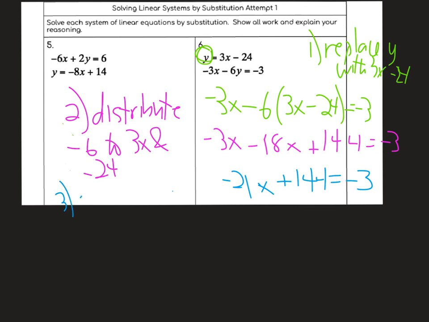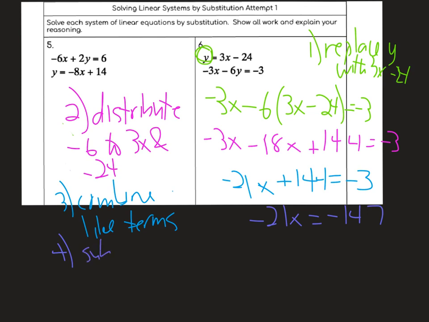So that was combine like terms. And then I will subtract 144 from both sides. So negative 21x equals negative 147. So step 4 is subtract 144 both sides.